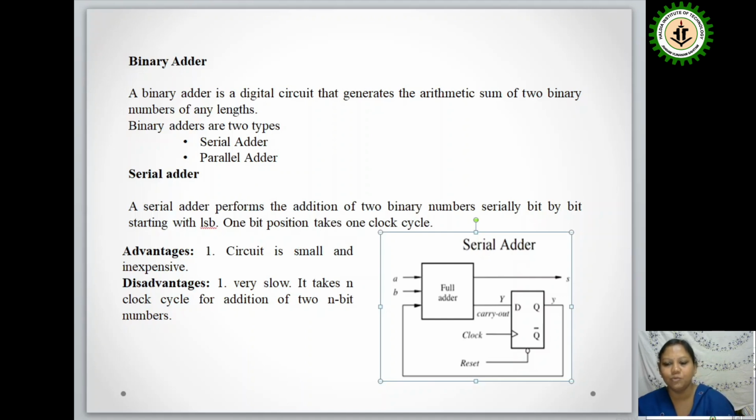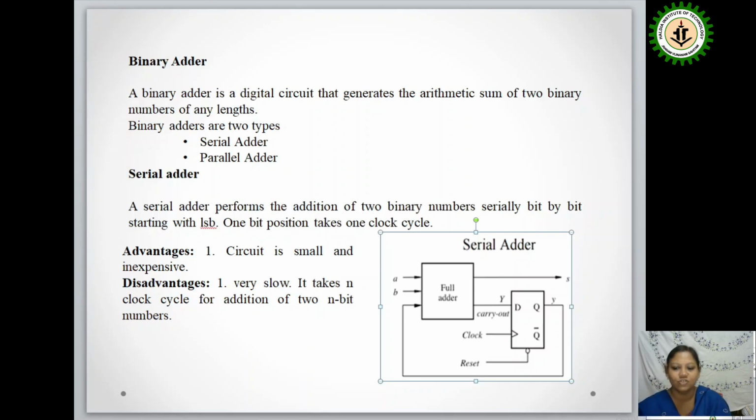These three inputs generate, after operation in the full adder, the sum, which is directly generated from the full adder, and the second output, the carry out, that is the Y value as per the diagram. It goes again as the input to the flip-flop for the next bit.